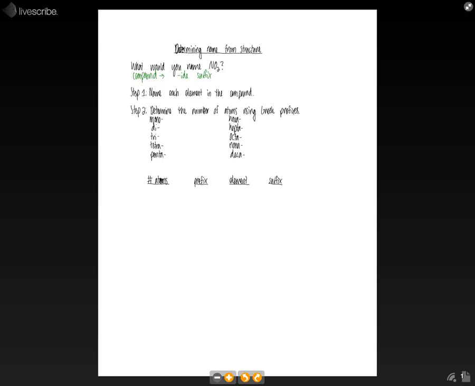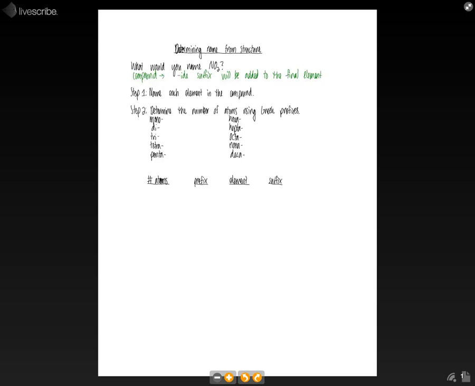And this will be added only to the final element. And so that's just one note that we want to make as soon as we see NO2.